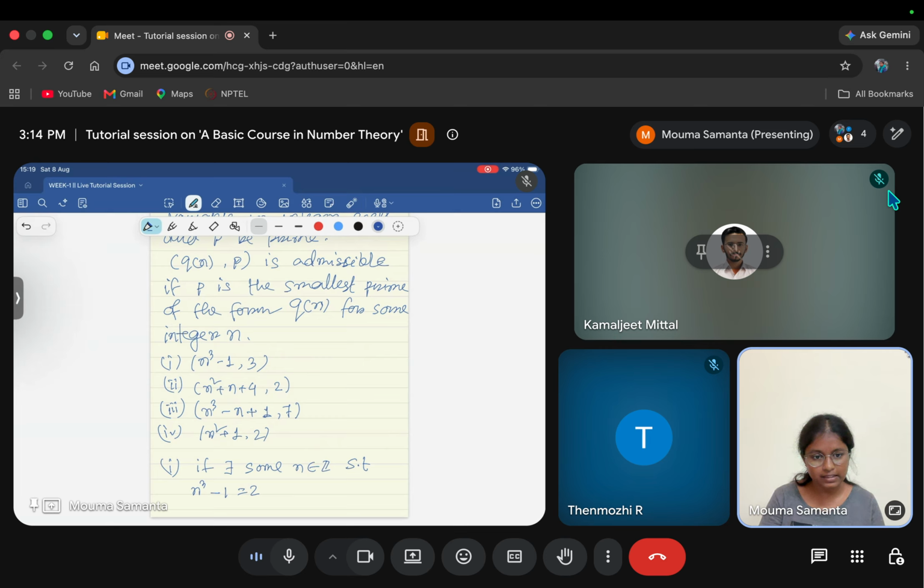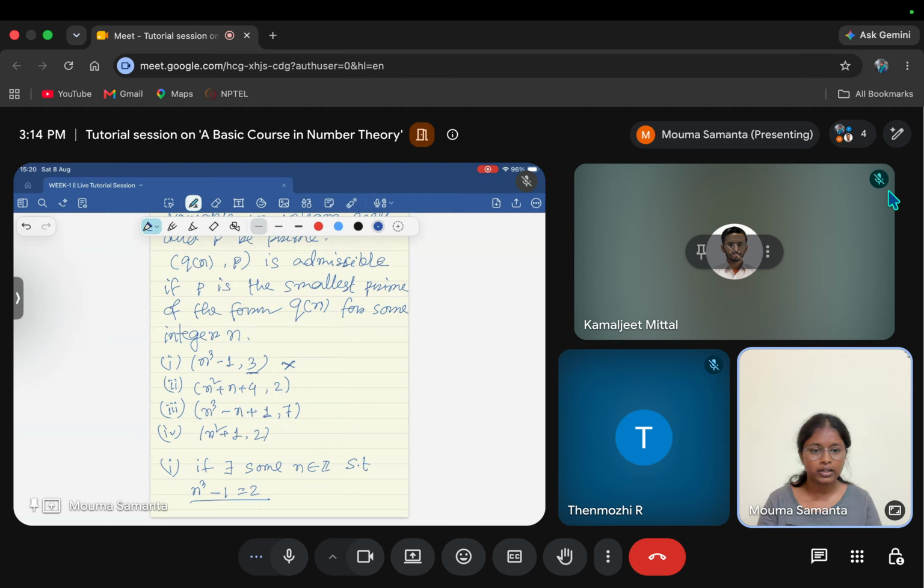If this particular n exists, then what can we say? We can say this pair is not admissible, because if 3 is admissible then this 3 has to be the smallest prime. So if there exists some n such that this equality holds, then we can nullify this option. That means we can say this is false.